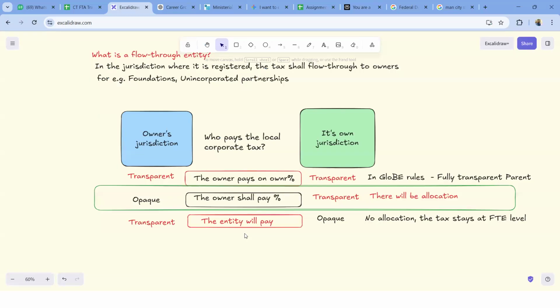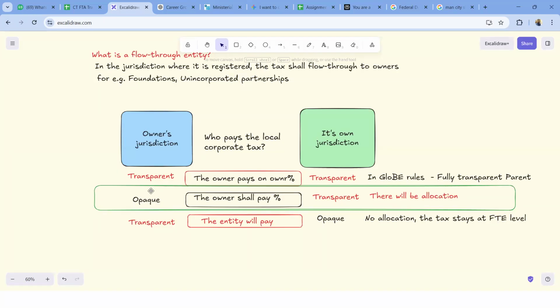With a flow-through entity, you have to really see where the income is and where the taxes are. In this scenario, it is a hybrid entity. It's not a fully transparent entity. So if it's a hybrid entity, definitely it is considered a separate ME. So you have to see, income is always there, correct? Except in scenario one, in scenarios two and three, when it's a hybrid entity, income is here.